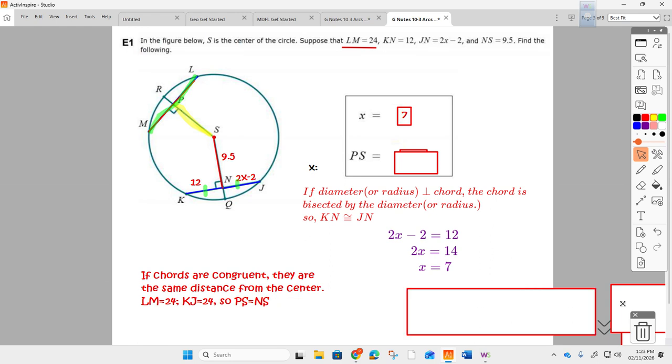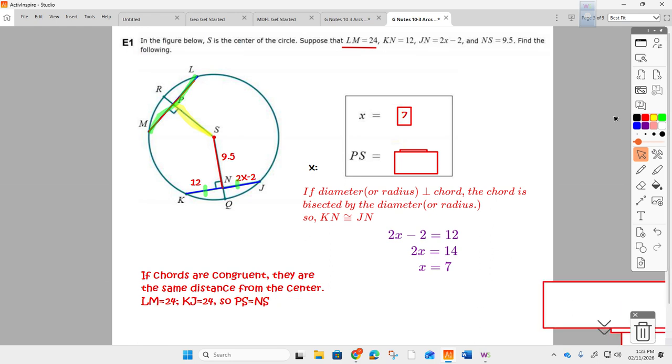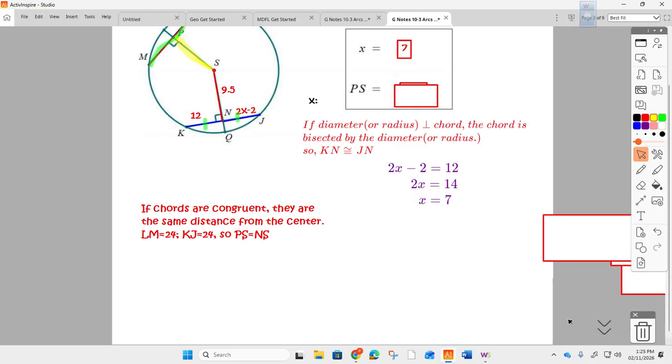And we know these chords are congruent because they told us that LM is 24, and we figured out that KJ is 24. So now we know that PS is congruent to NS because they have to be the same distance from the center if the chords are congruent.